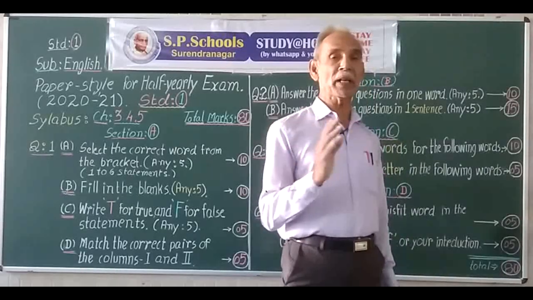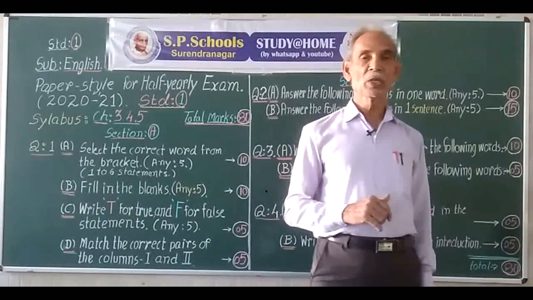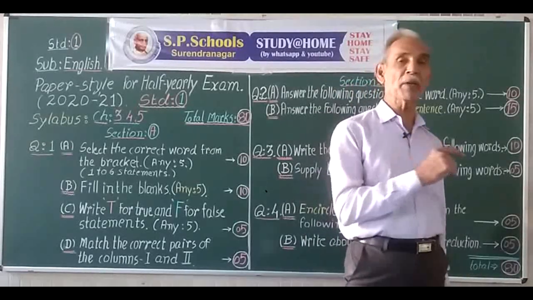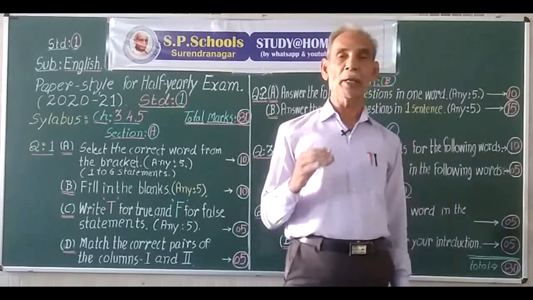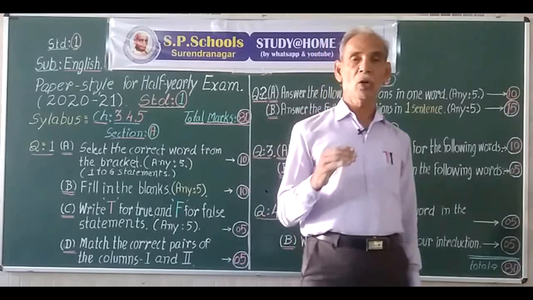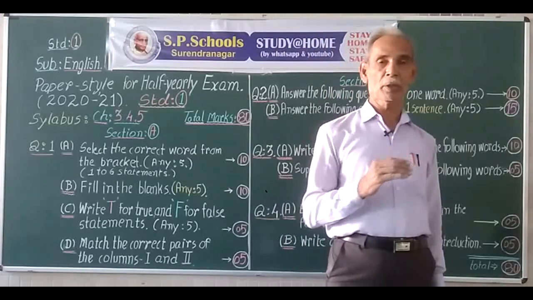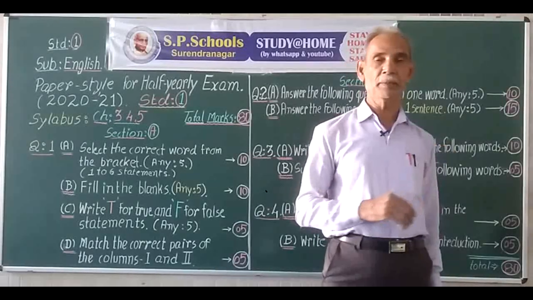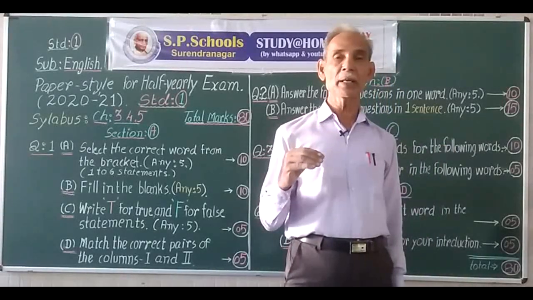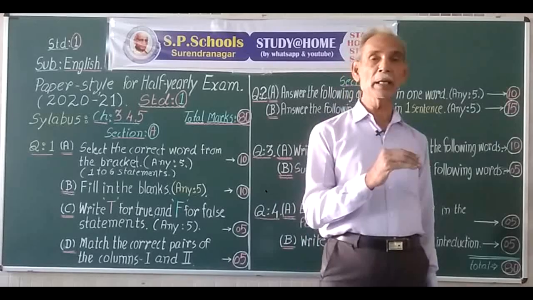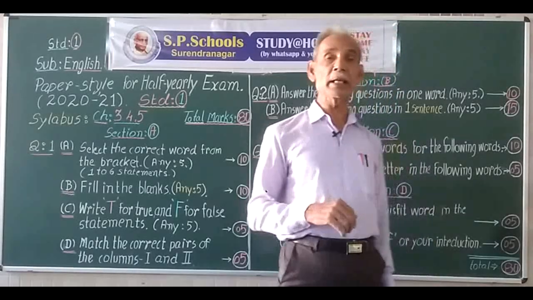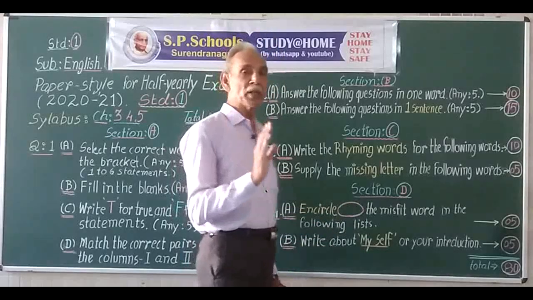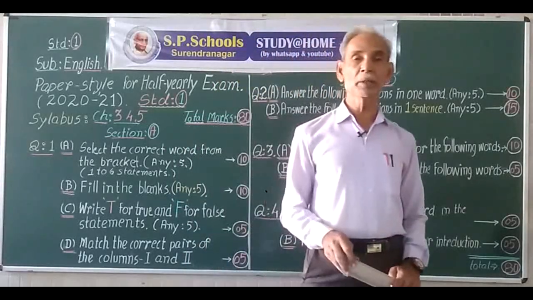You will be given several words. For one word, you have to write at least one rhyming word. For example, got, board. Write, bright, high, height. Pin, bin, tin, sin, etc. So these are the rhyming words that we have already studied.